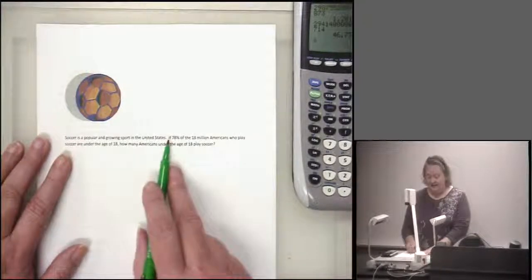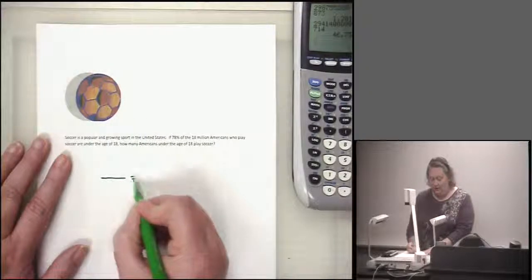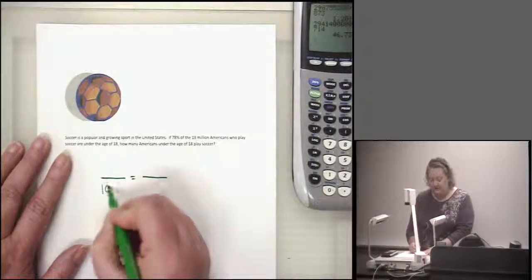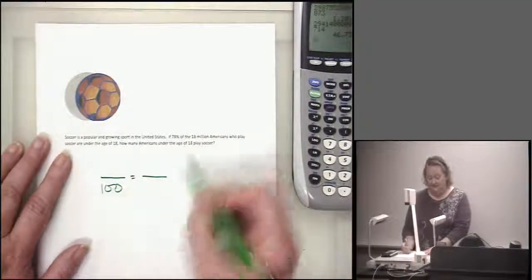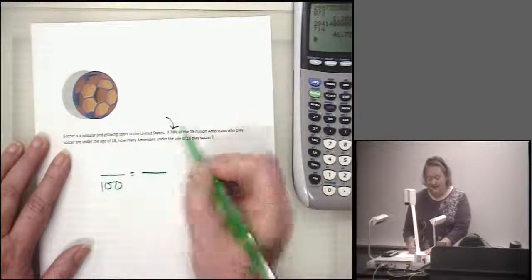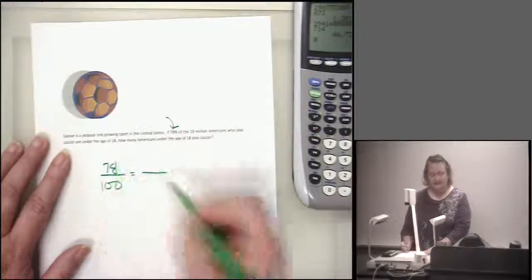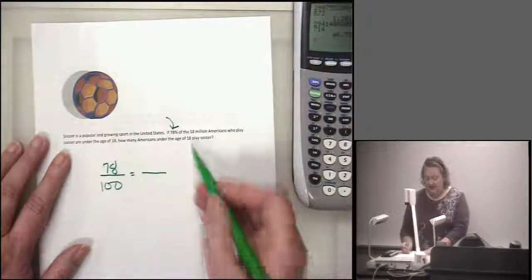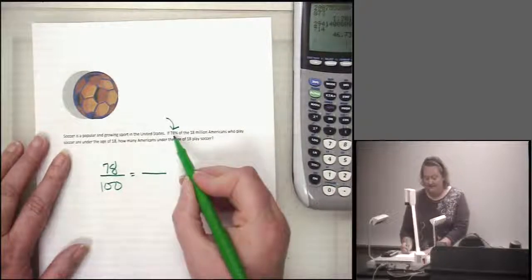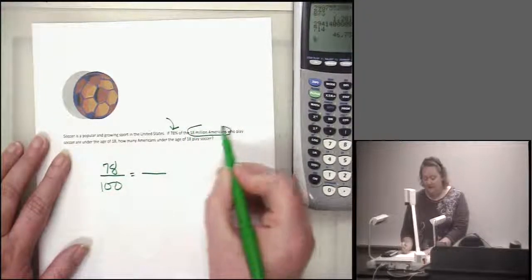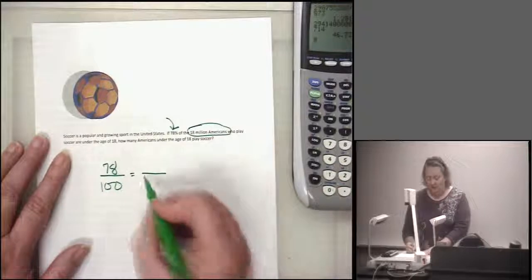So we want to start out with our proportion, and we're looking for the percent first. Well, it gives us that. That's 78 over 100. And we're looking for the total. Well, it says 78% of the 18 million Americans who play soccer.